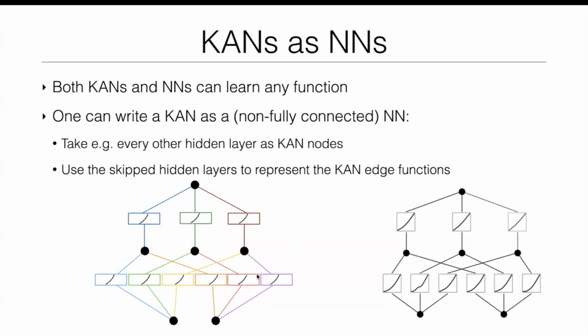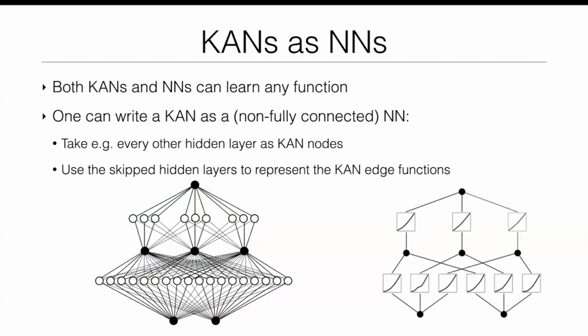So in this sense, I can think of Kolmogorov-Arnold networks as just being very sparsified neural networks. In principle, you could have said the neural network can learn the same thing as the Kolmogorov-Arnold network. It could have just learned to sparsify itself in this way if this is very beneficial.